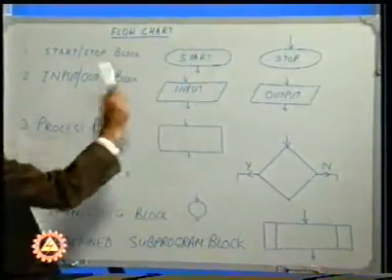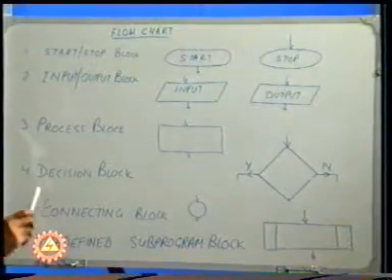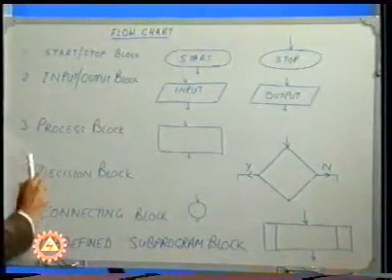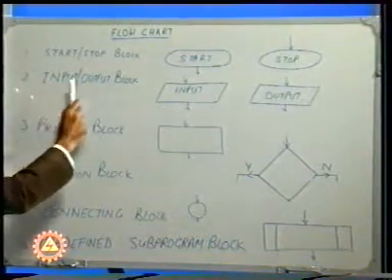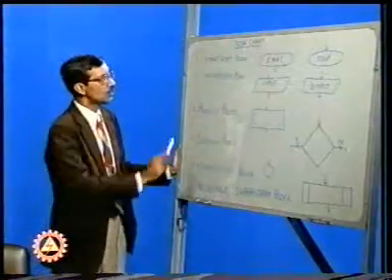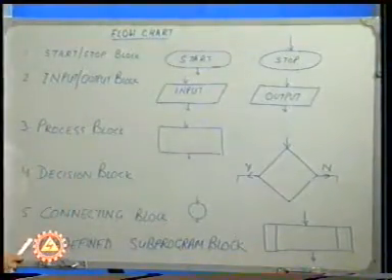Since this block does 2 functions, that is to represent the start and the stop, we have to write the word start or stop depending upon the action we want it to carry out. The next block we have here is the input-output block. Once again, this block does not have a unique function.